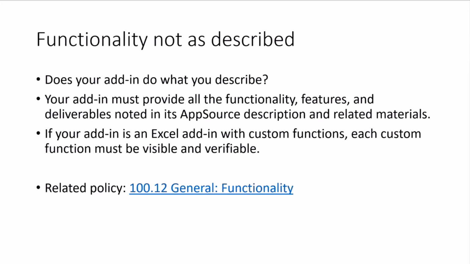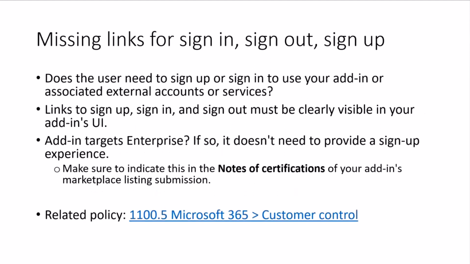If you have an Excel add-in that has custom functions, you have to make sure that each function is visible and the certifier, the person who's verifying it, they will be able to see it and verify that it does work.